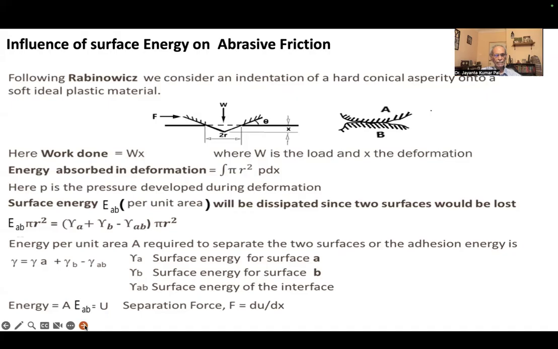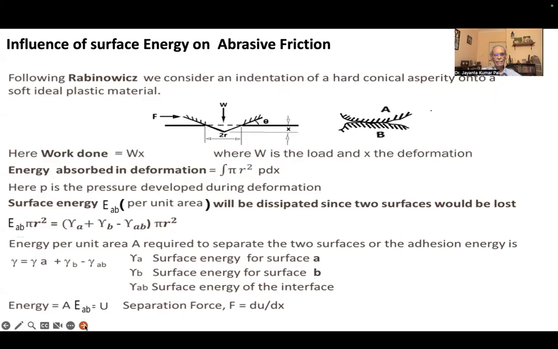Therefore, we can write that in general, area A times EAB is equal to the total surface energy U. So if we differentiate U with respect to x, we get the separation force.